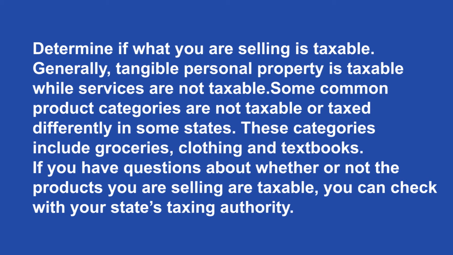These categories include things like groceries, clothing, as well as textbooks. If you have questions about whether the products you are selling are taxable, you can check with your state's taxing authority, and they usually clarify this on their website. But if you need to clarify with a specialist, you're more than welcome to speak to us.